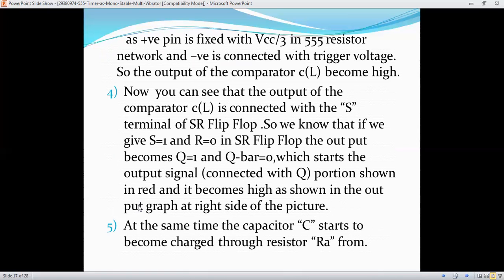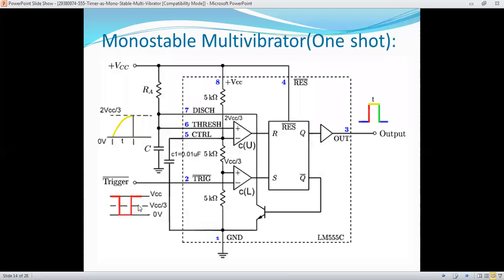So we know that if S equals 1 and R equals 0 in an SR flip-flop, the output becomes Q equals 1 and Q bar equals 0, which starts the output signal portion shown in red. It becomes high, as shown in the output graph on the right side of the picture.